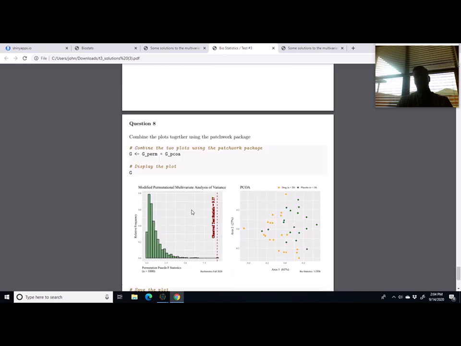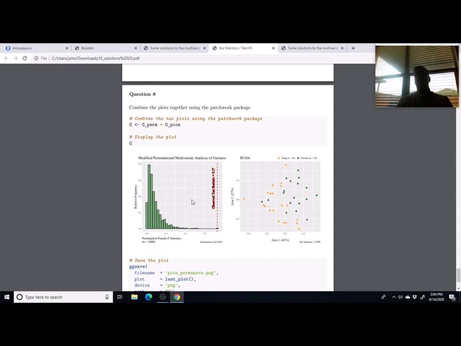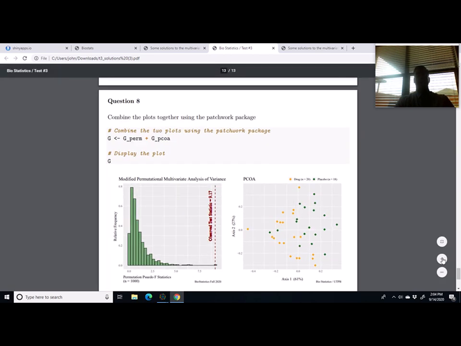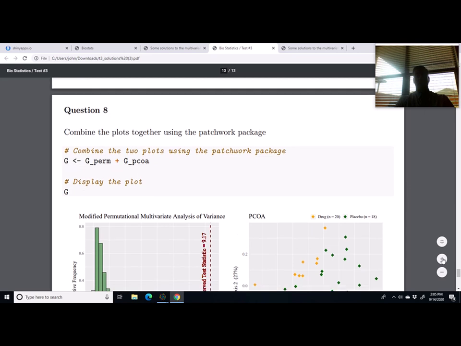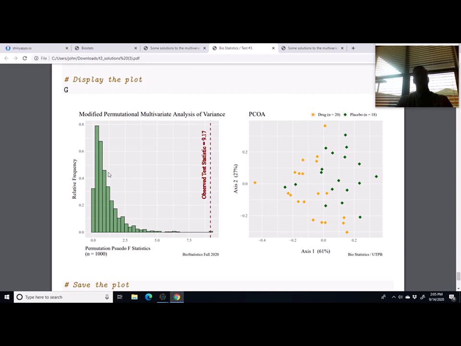And the last step here is to combine the 2 plots together, okay, to tell a fuller story of what's happening. So if we use the patchwork package, then we can combine our pictures to look like this. On the left, I see the modified permutational multivariate analysis of variance.